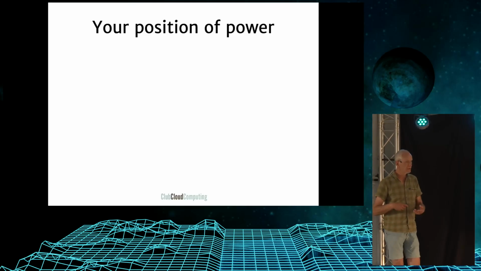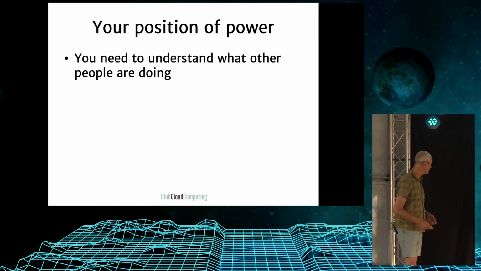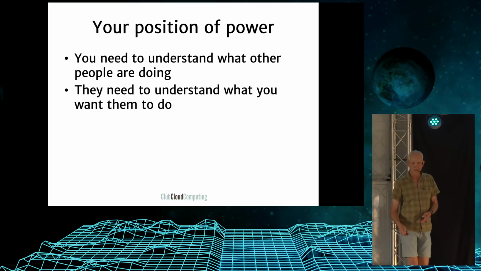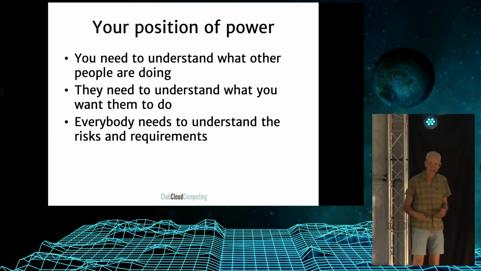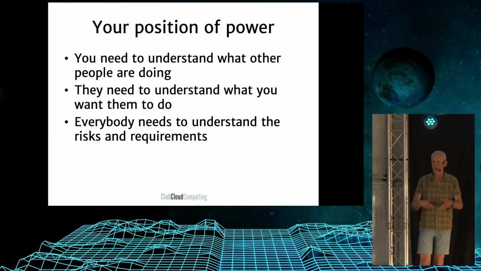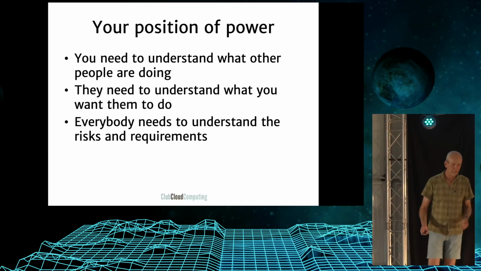And the key to that is often in communicating. So you need to understand what other people are doing, and other people need to understand what you are doing and what you want them to do. And for example, everybody needs to understand requirements and risks across a large estate of systems.